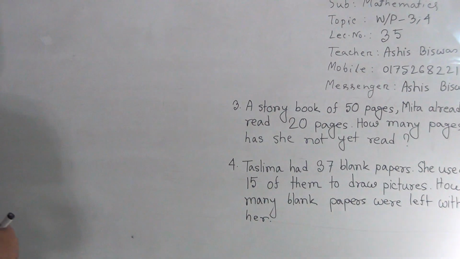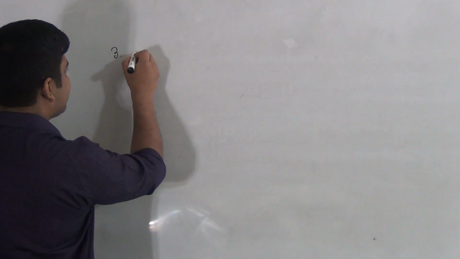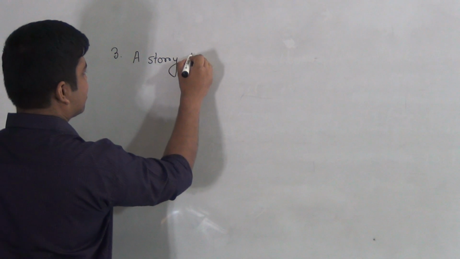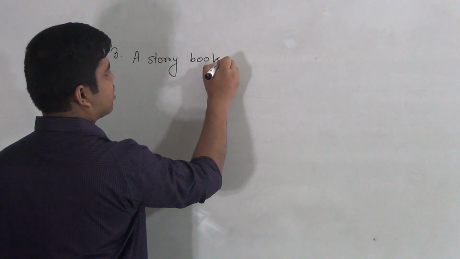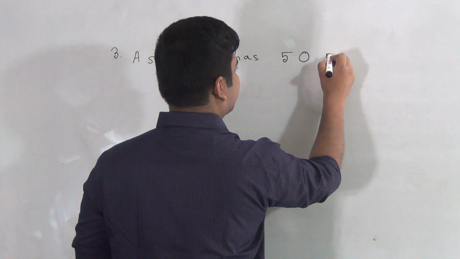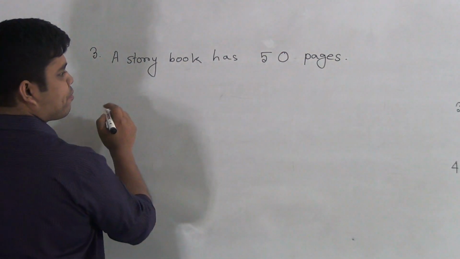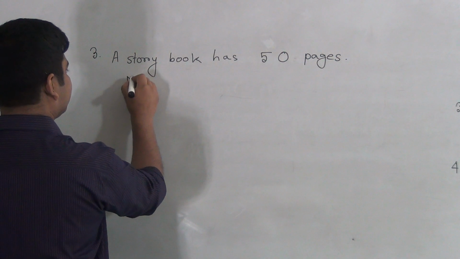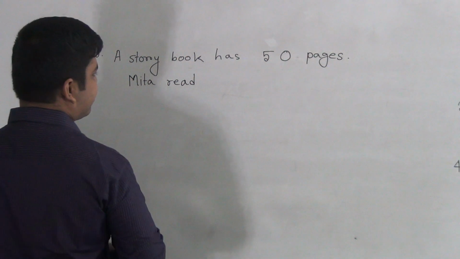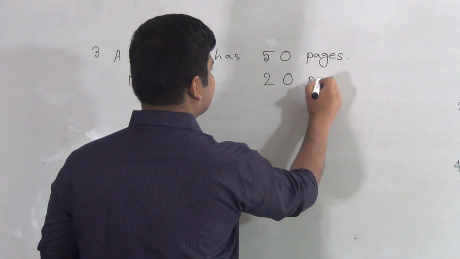Now write question number 3. A story book has 50 pages. Mita read 20 pages.